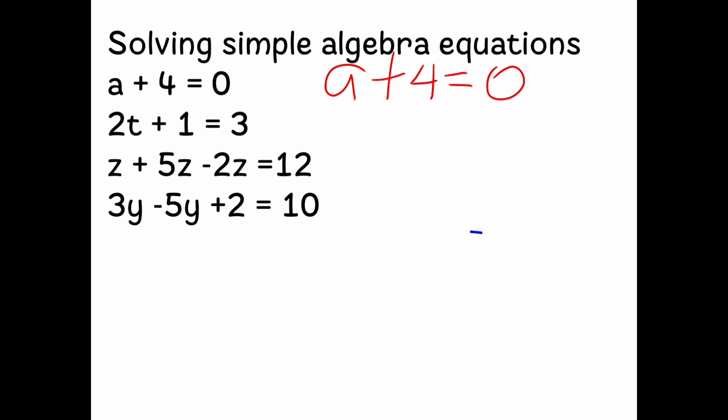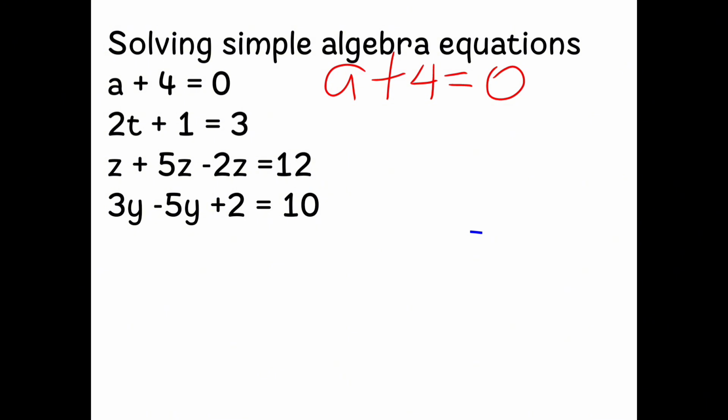So letter and numbers. So what we simply do here is we collect like terms. What did I say? We collect like terms, and the meaning of that is you carry the numbers to one side and you leave the letters to the other side.